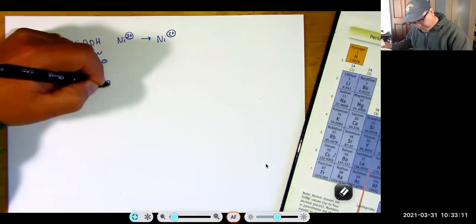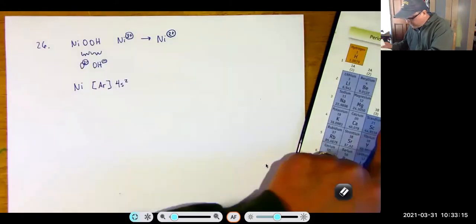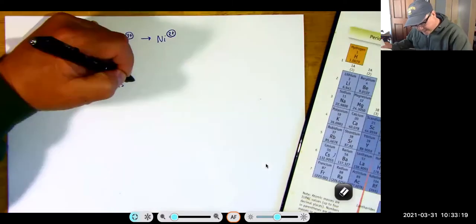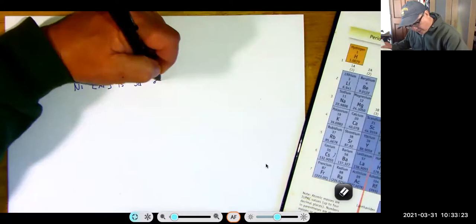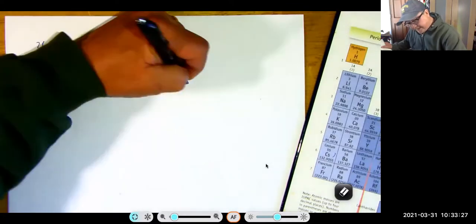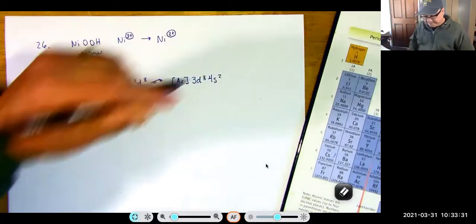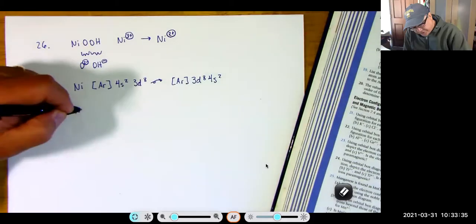And then 4s2. And then nickel is 1, 2, 3, 4, 5, 6, 7, 8 over, so it's going to be 3d8. And we're going to do a little switcheroo and call it argon 3d8, 4s2. Okay?